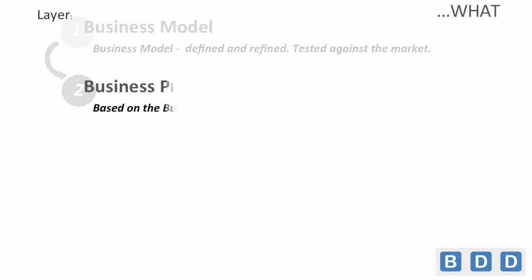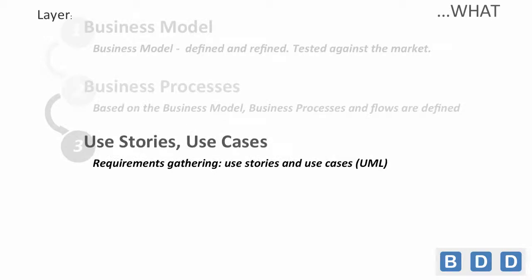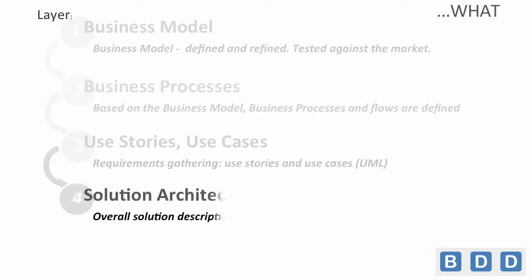Layer 2, business processes. In the light of the business model, processes and flows are defined and documented. Layer 3, use stories and use cases. Relevant use stories and use cases are defined and described. Layer 4, solution architecture.